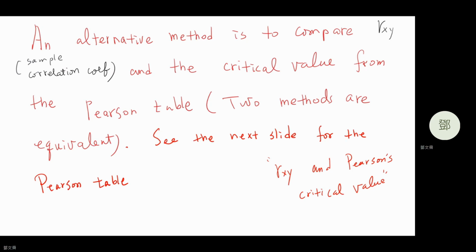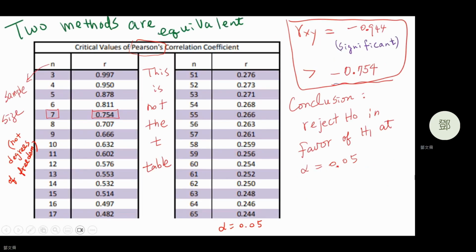Any question? If you don't have any question, then I will demonstrate. Critical value of Pearson correlation coefficient. In this table, the column here is the sample size. Just go to 7 because the sample size is 7. This is not the t table, it's the Pearson table.